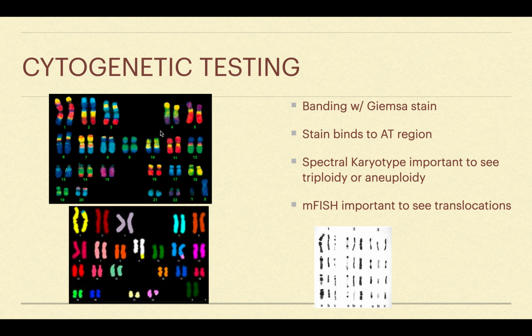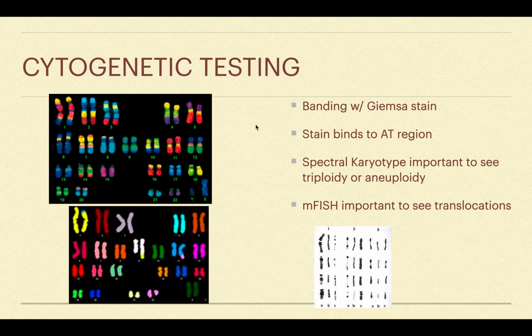Everything for cytogenetic testing is really to help identify what kind of genetic disorder the patient is suffering from, or to do some prenatal testing, or to test the genotype of both the mother and the father to give them a prediction of what kind of cytogenetic or genetic disorder their child might be prone to.